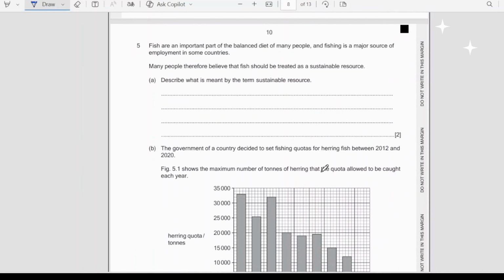What is sustainable resource? It's a 2 mark question. Define it properly.